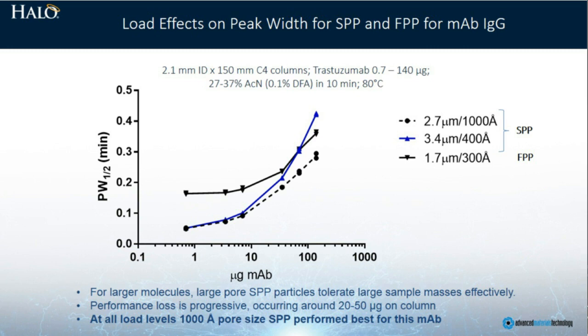That's clearly the case with a 300 angstrom pore size material. Some of the pore population is too small for the monoclonal antibody to fit into. Hence, you begin to overload the surface area. Even though it's a greater surface area, it's only useful surface area if you're able to interact with it. So this is maximized as you increase the pore size.